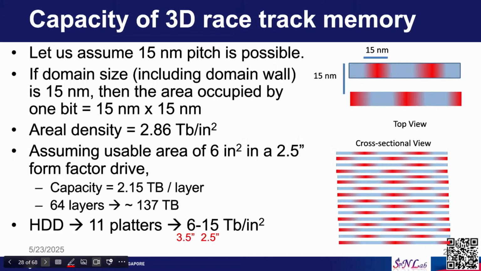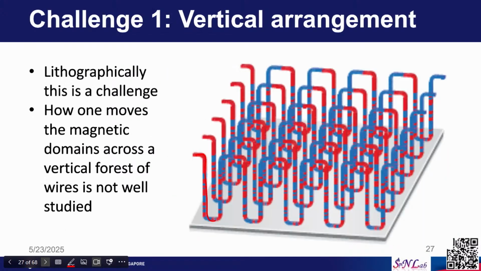So, one solution I have is like you can have planes, for example, this is one plane, this is another plane, like you can have many different planes. Within these planes you can have horizontal wires. So, instead of projecting these domain wall devices vertically, let us say this is one plane where you have zigzag wires, this is another plane and so on.